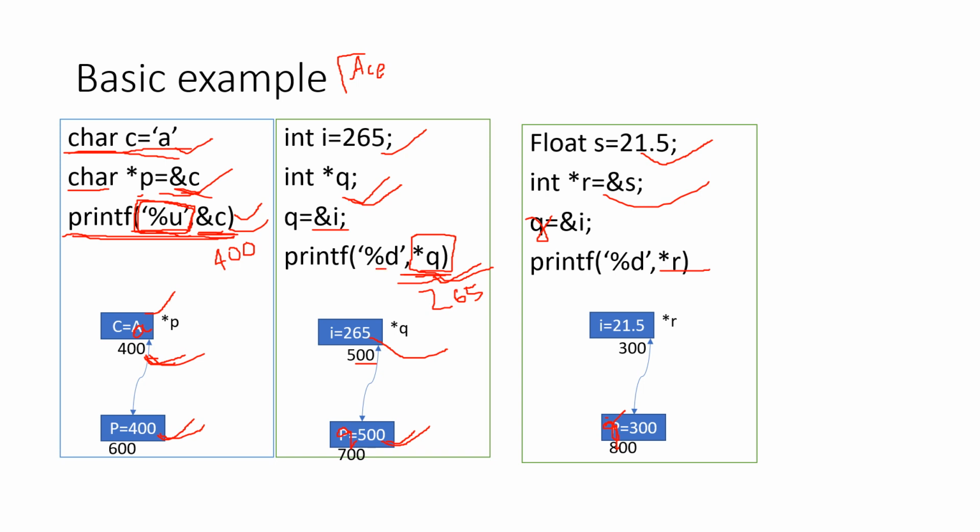That's the reason you have given percent sign D. Previously it was percent sign U, because you were printing the address. So here also you are printing star R. So star R is what? 21.5. So 21.5 is going to print. This is the value. Just remember that it is star and ampersand. That's all. This is the accessing. I have just given an overview. I'll make a separate video on it.